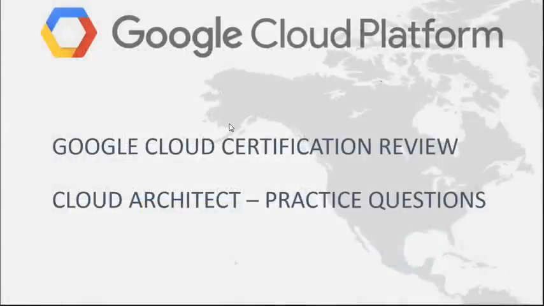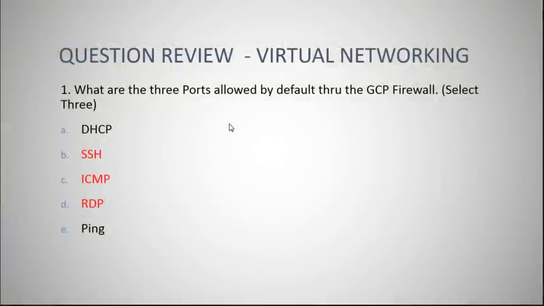Okay, so let's talk about some questions. Let's get you all ready to start thinking about how Google wants you to think to prepare for the test. Okay, first question. There are 3 ports allowed by default through the GCP firewall. What are the 3? Now, I highlighted them in red for the test. Okay, you need to know this: SSH, ICMP, RDP. So SSH, right? We know what that is, right?